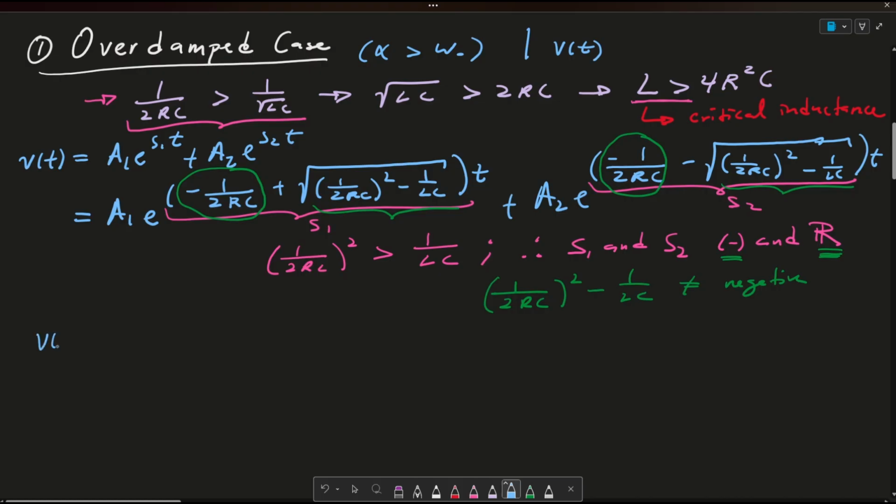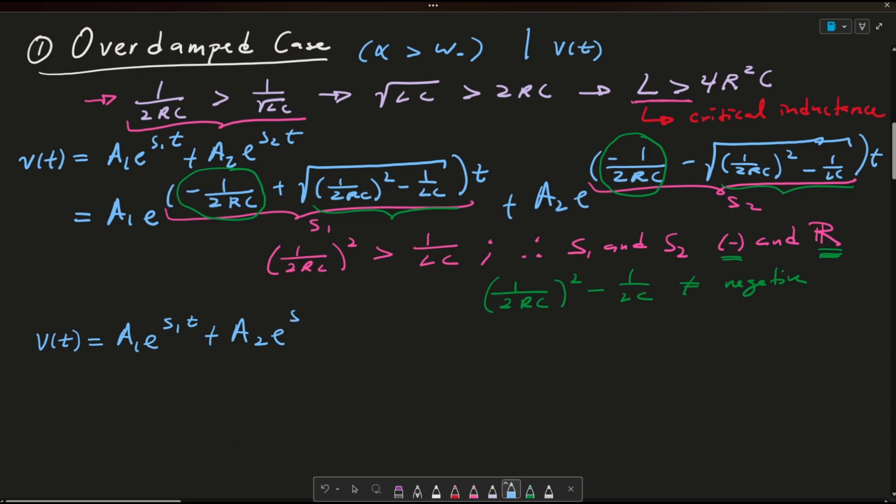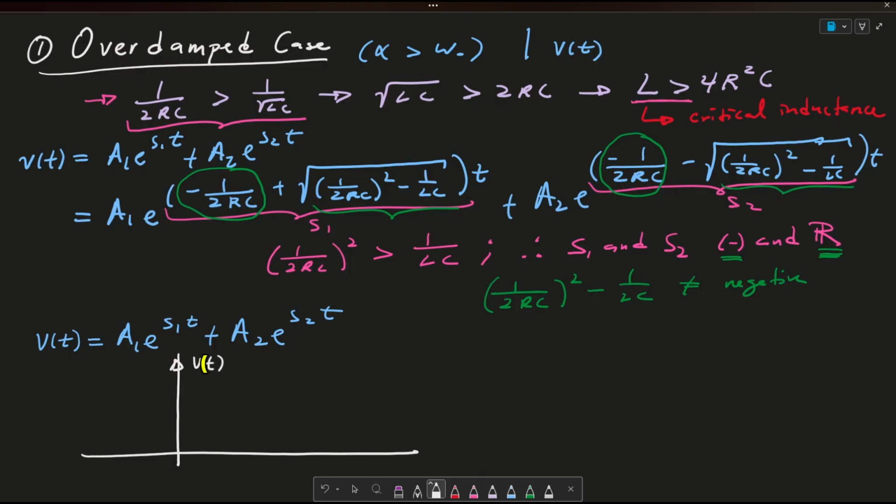So I can go ahead and say that, therefore, v of t is going to be equal to A1 e to the S1 t plus A2 e to the S2 t. And if I go ahead and graph this, here we have v of t and here we have t.